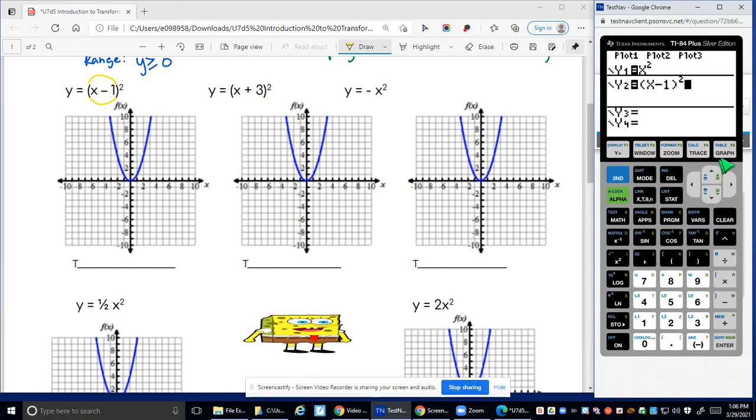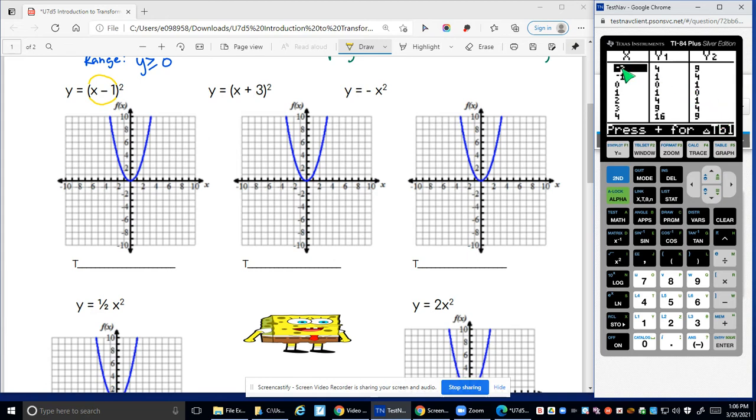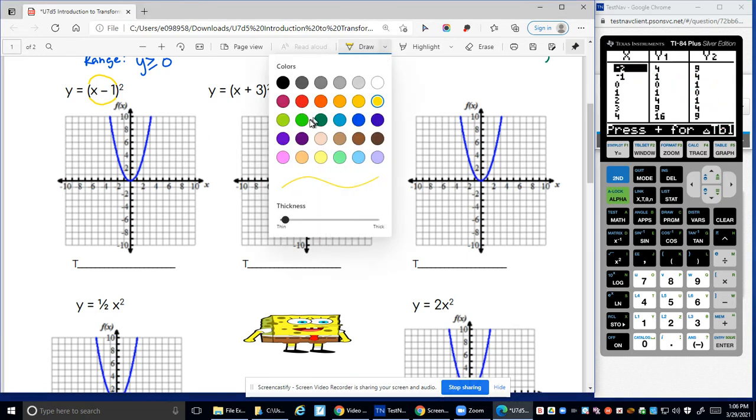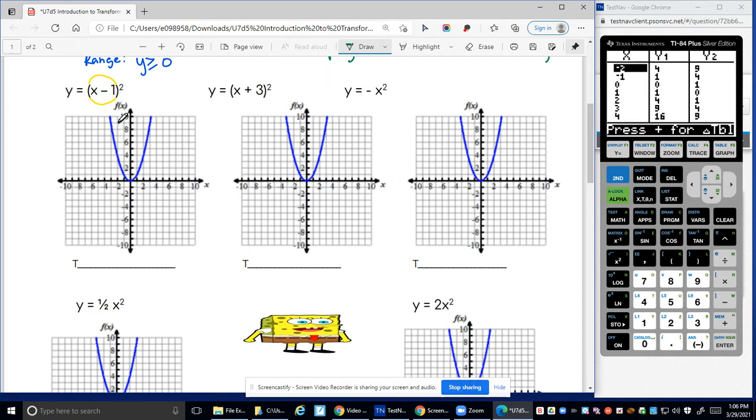Okay, let's go ahead and look at the table. And again, I'm going to plot my points: -2, 9. -1 and 4. 0 and 1.